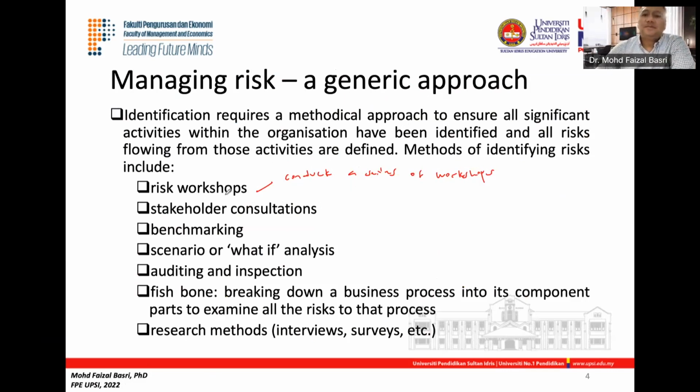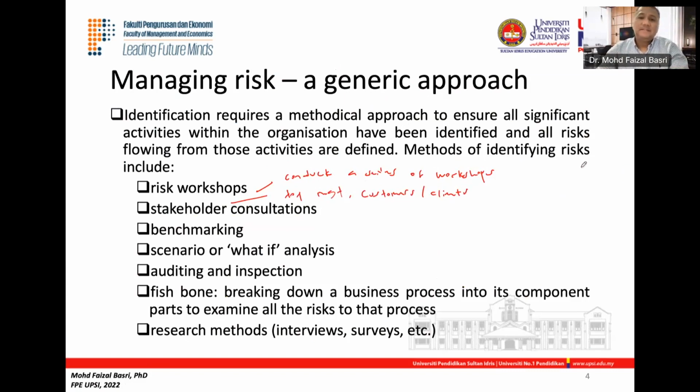The second option to gather all the relevant risks is by doing a consultation with the stakeholders. Who are the stakeholders? Obviously, stakeholders consist of various parties, inclusive of the top management. They can do a survey, for example, with the customers or clients.